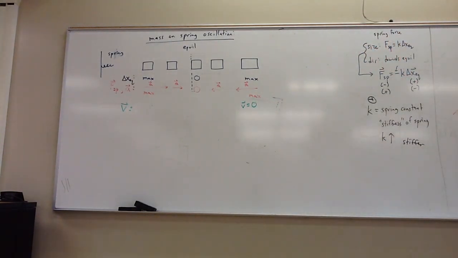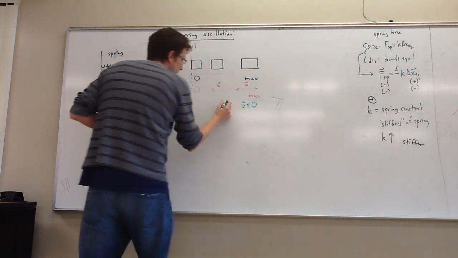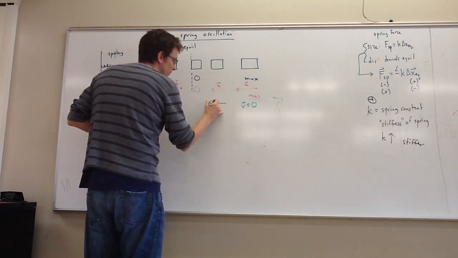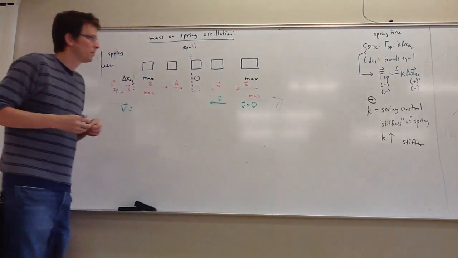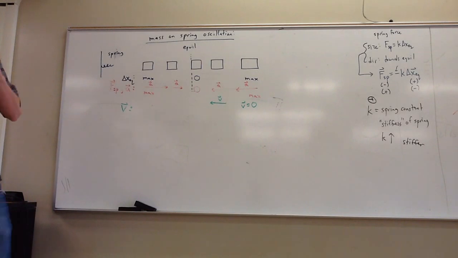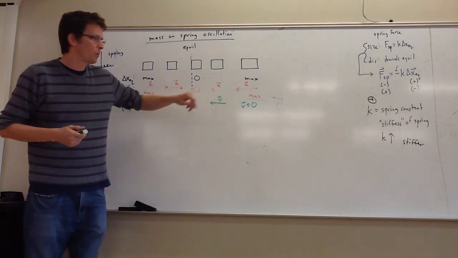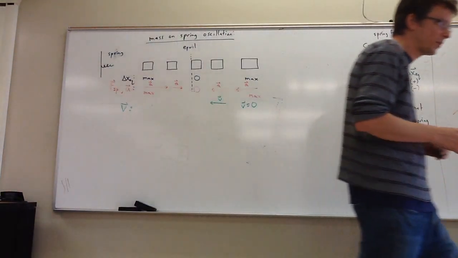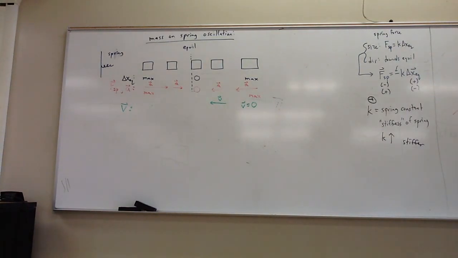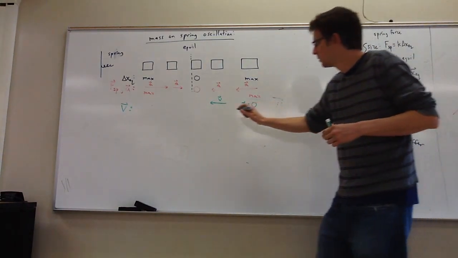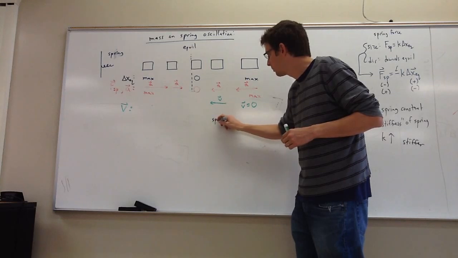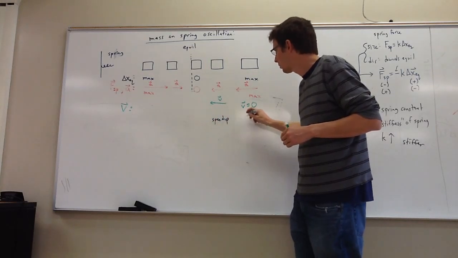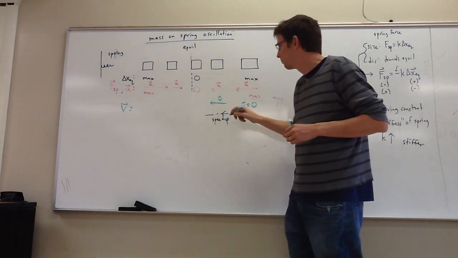Now it's not going to stay at rest because it's going to have an acceleration applied. So the velocity is going to pick up like this. And of course, since the velocity and acceleration are pointed the same way, what does that mean happens? Speeds up. So you're going to speed up going towards the equilibrium.